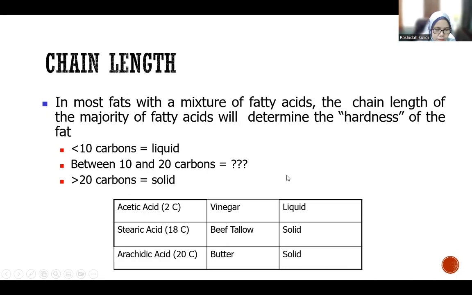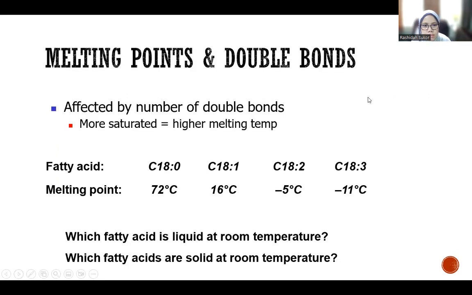So it depends on the chain length, but you have to see also how many double bonds this fatty acid has. Here, melting points and double bonds. You have 18C, the same fatty acid with the same number of carbons, but different double bonds: one is 0, one is 1, another is 2, another is 3.